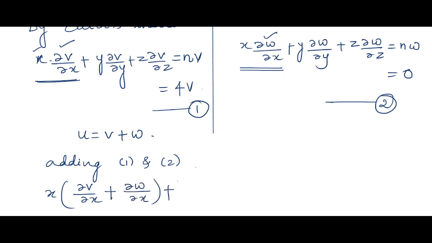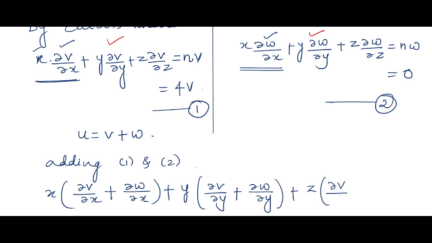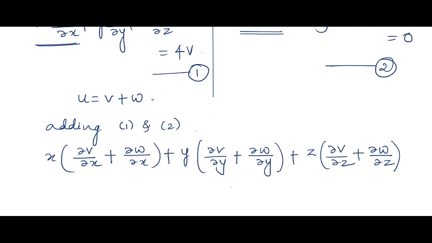Similarly, in the second term, we have to take y common. So again dabba V by dabba y from the first equation second term, from the second equation, second term, dabba W by dabba y, plus z dabba V by dabba z. If I am taking z common in the third term, it is dabba V by dabba z, dabba W by dabba z. This is the left hand side. Now when we add the right hand side, equation 1 is 4V and equation 2 is 0. So which gives 4 into V.